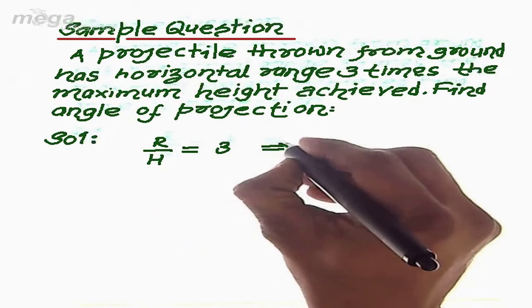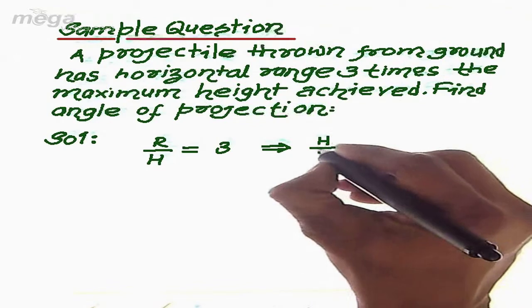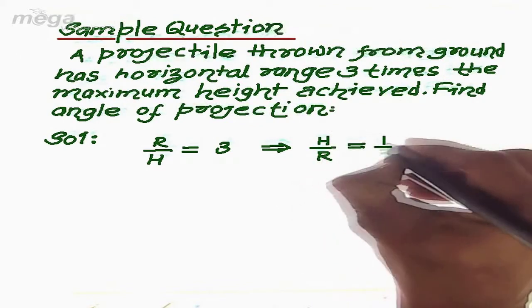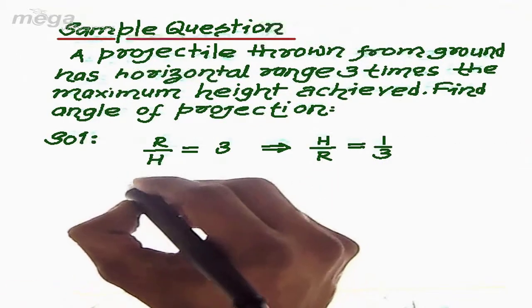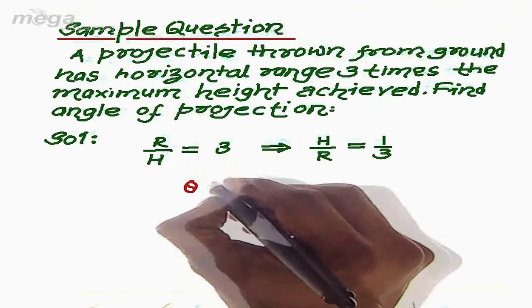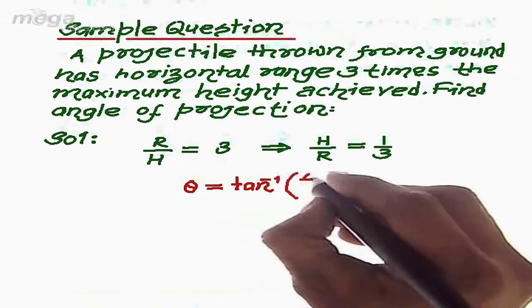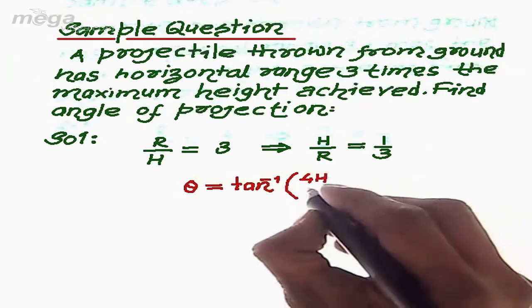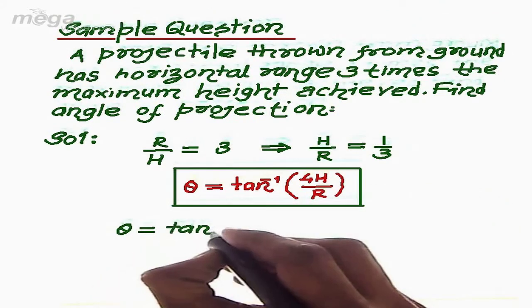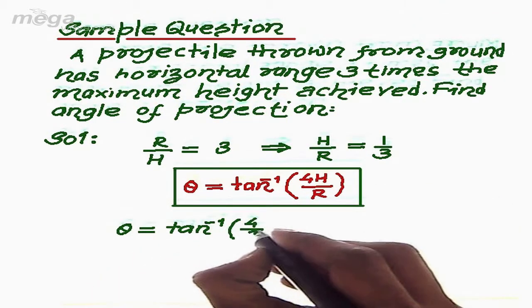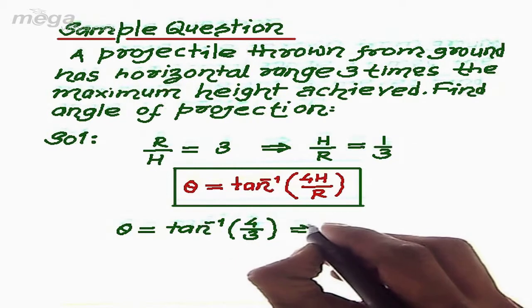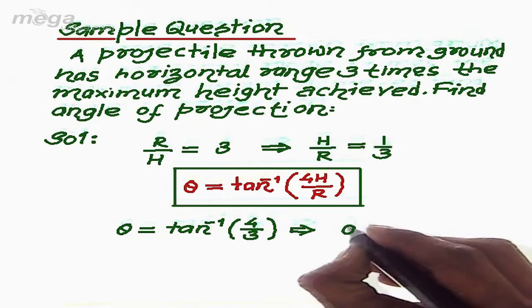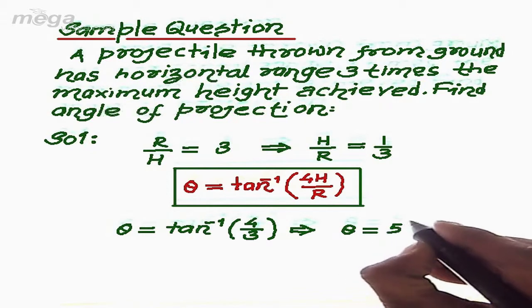So we can write H upon R to be 1 by 3, and using the formula theta equal to tan inverse 4H upon R, theta becomes tan inverse of 4 upon 3, which gives us theta equal to 53 degrees.